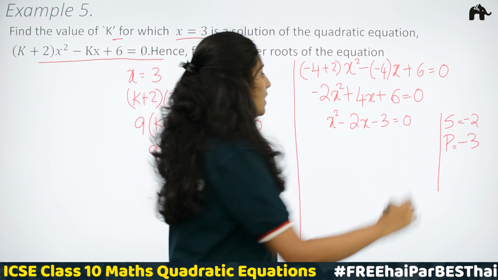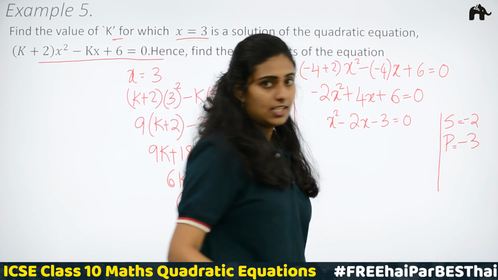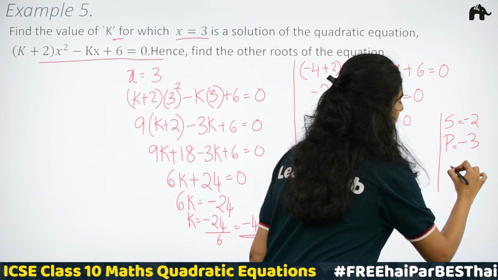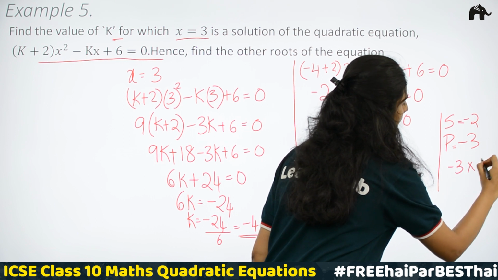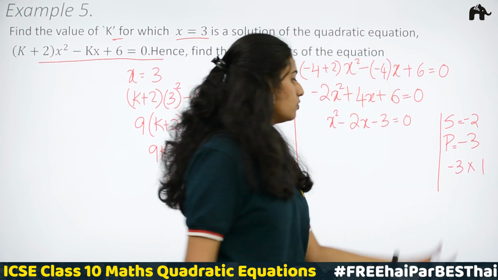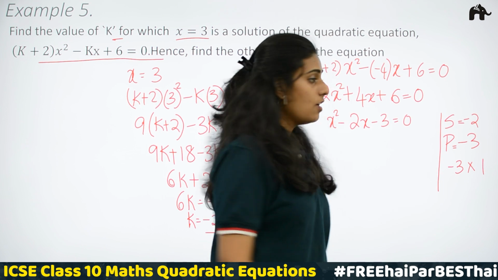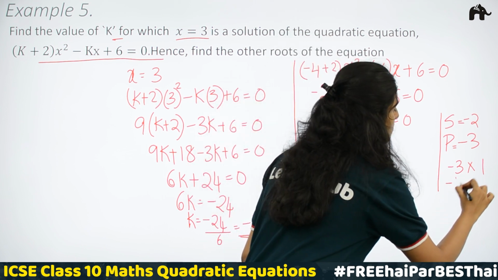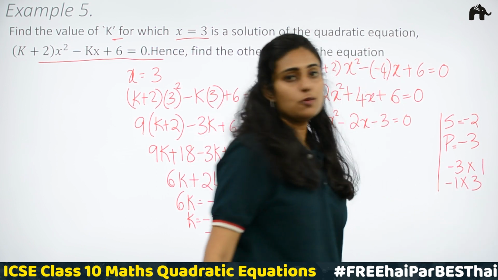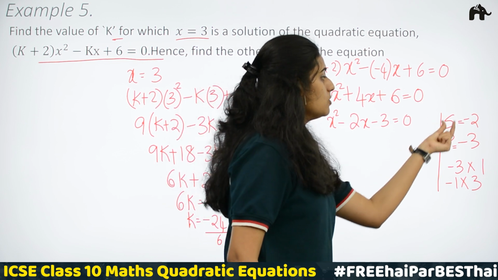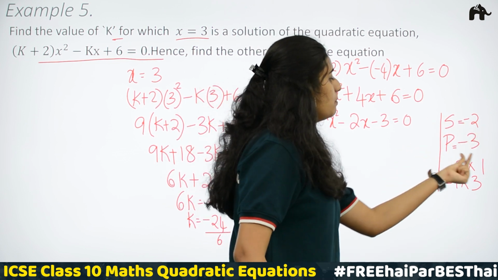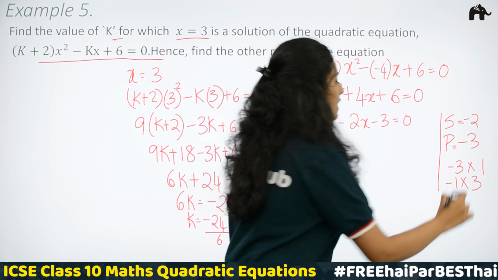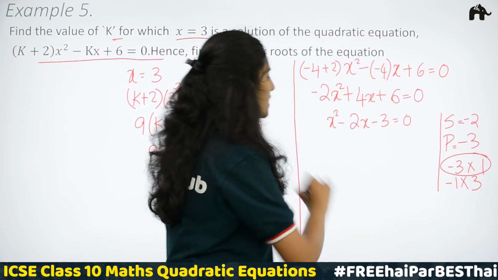To get negative 3, we can multiply minus 3 and 1. Minus 3 into 1 is minus 3, or 1 into minus 3 is also minus 3. Now check the sum. Sum should be negative. Minus 3 plus 1 is minus 2. Therefore, we are choosing these two numbers, splitting the middle term.